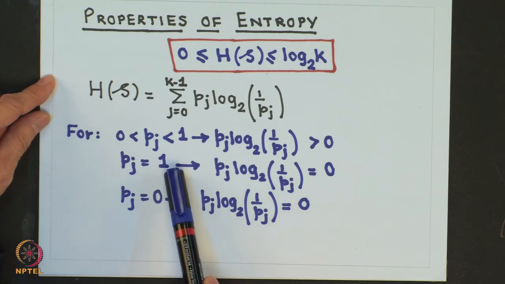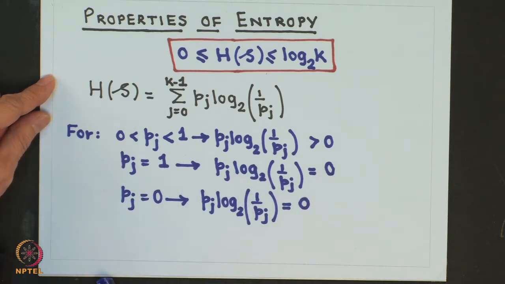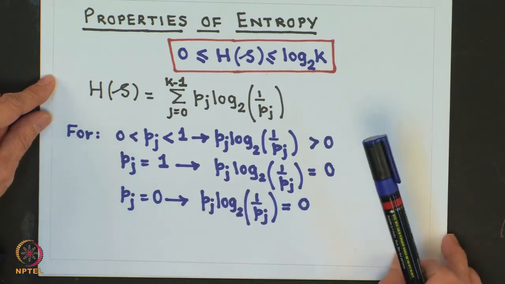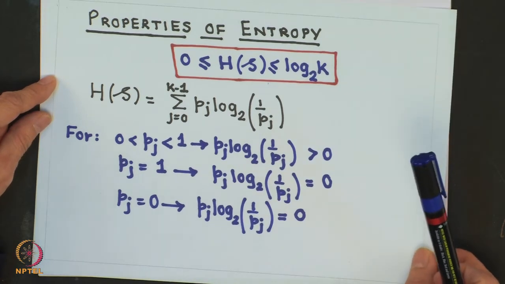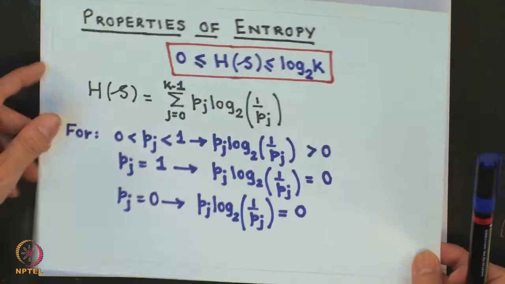For pj equal to 1, this is equal to 0, and for pj equal to 0, this quantity again is equal to 0. To show that this quantity is equal to 0 for pj equal to 0, we can use simple L'Hopital's rule and evaluate that.